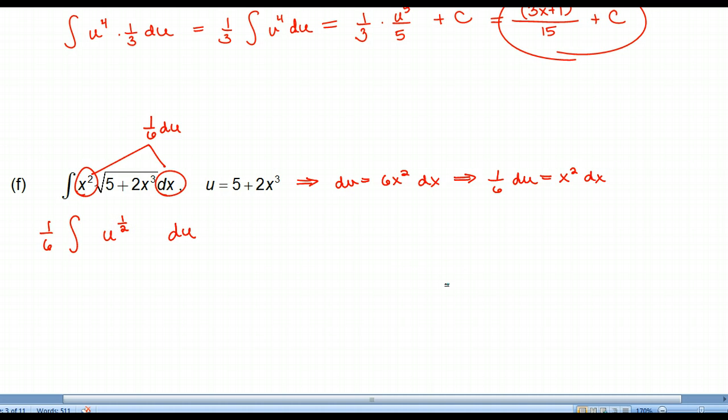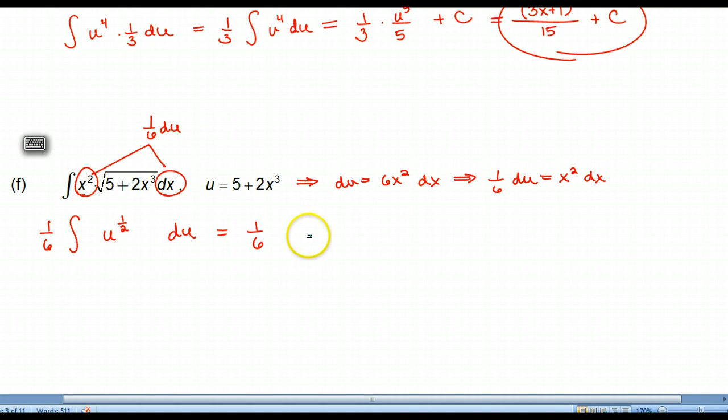See how nice that is? It looks really complicated to begin with, but when you change it all in terms of u, it's a much easier integral to work with. That looks so pretty. Now 1/6. Don't worry about multiplying the 1/6.